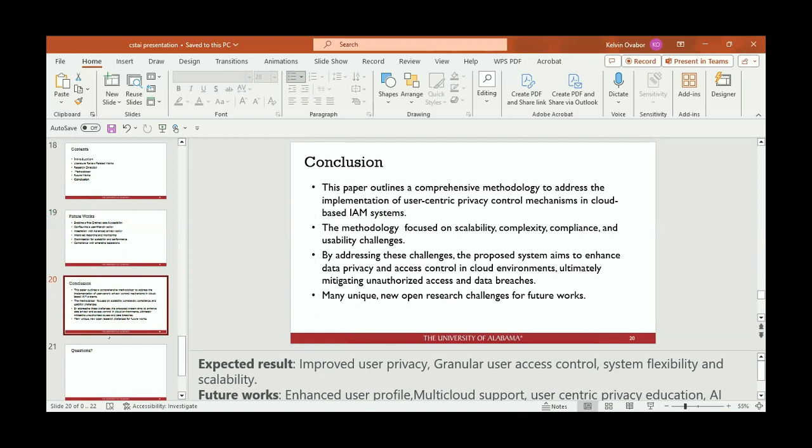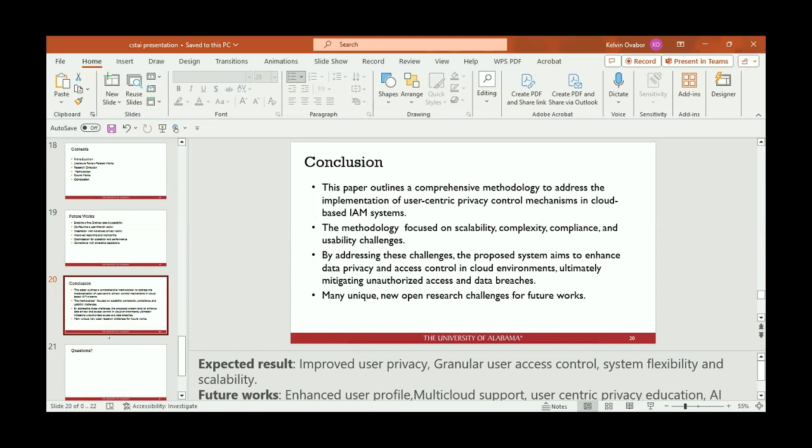In conclusion, we can say that this paper has outlined a comprehensive methodology to address the implementation of user-centric privacy control mechanisms in cloud-based identity and access management systems. The methodology has a focus in terms of scalability, complexity, compliance, and usability, addressing these challenges.